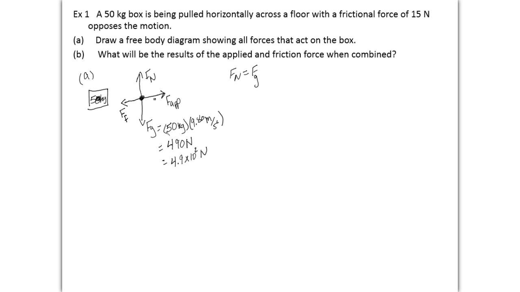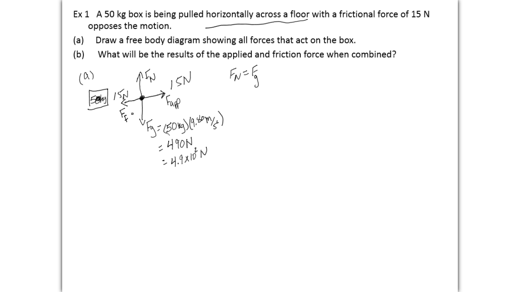Now your force applied and your force of friction. You're told that a frictional force exists of 15 newtons. Now it's being pulled across the floor. We haven't been told otherwise, so we're going to assume constant motion. So the force applied must also be 15 newtons.